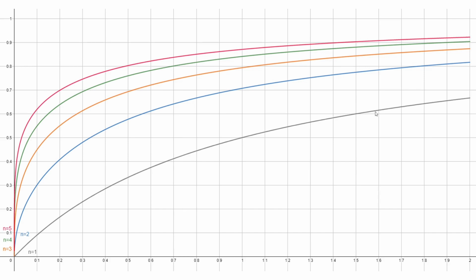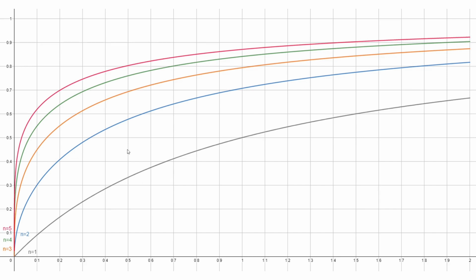So this grey curve is the folding frequency for one defender. So it's the folding frequency for a heads up pot in order to make the EV of bluffing precisely 0. In other words, this curve for n equals 1 is just alpha.